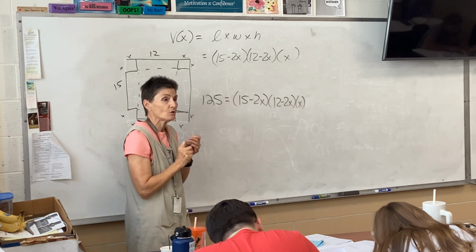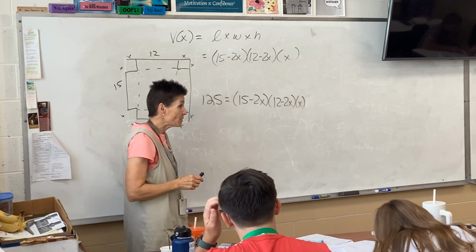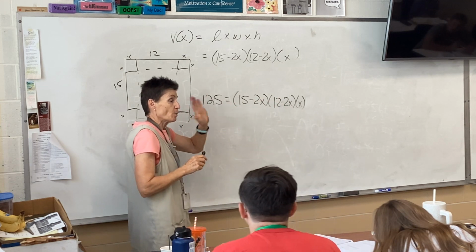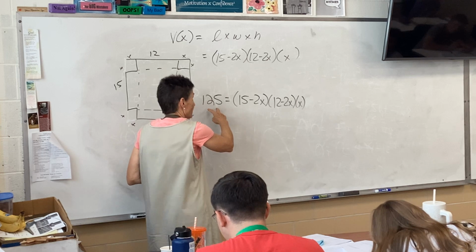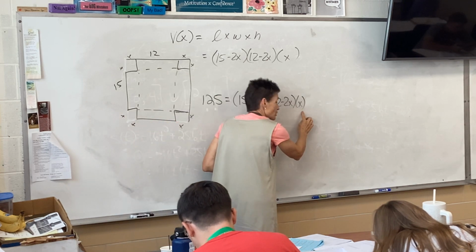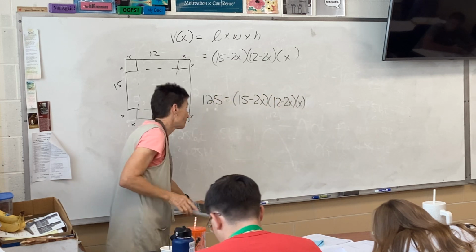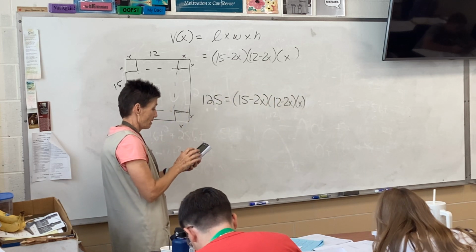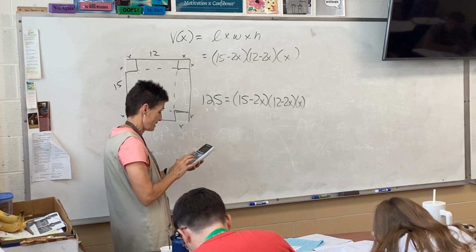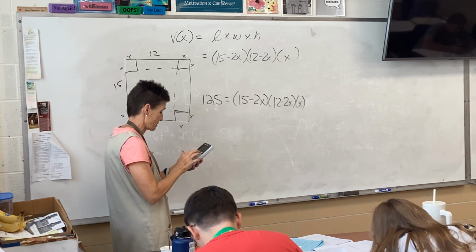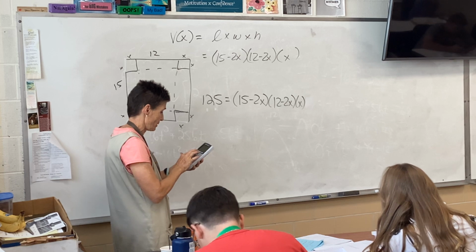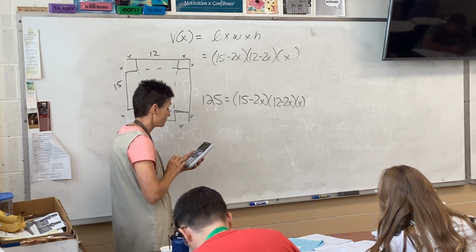You absolutely could, but I'm going to do it on my calculator, and the calculator doesn't care about parentheses. So one of my equations is y equals 125, and the other is y equals x times (15 minus 2x) times (12 minus 2x).